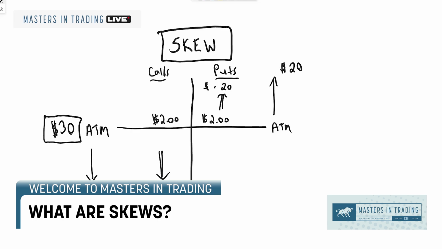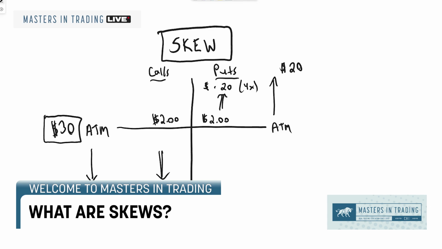So traders are betting almost 5 times, right? $1 or 4 times, not 5 times, compared to 20 cents. That's a big, big skew betting that the market goes higher or betting that this option chain goes higher.